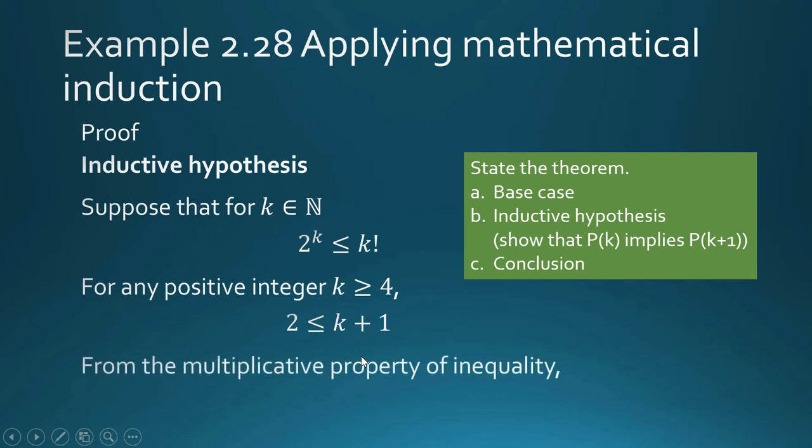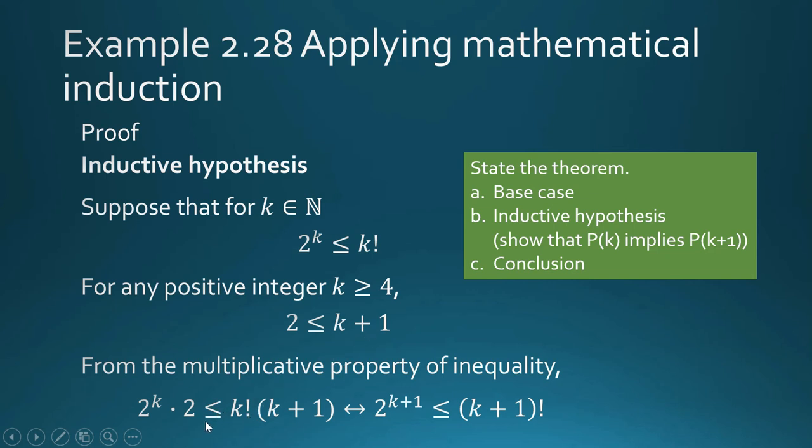What else? From the multiplicative property of inequalities, so pay attention to this. 2 to the k is less than or equal to k factorial. That is from our inductive hypothesis. Now, 2 is less than or equal to k plus 1. So, from the multiplicative property of inequality, these two terms are positive, by the way, you multiply 2 to 2 raised to k, and k plus 1 to k factorial.